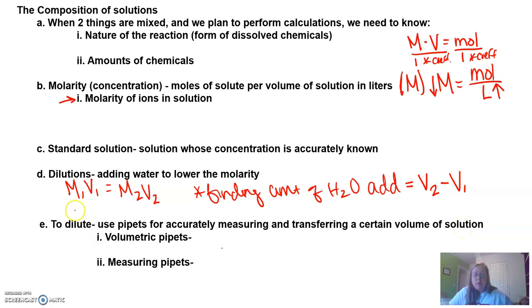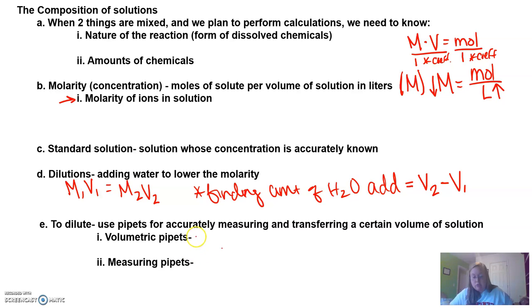Finally, when we're diluting something, you're going to use a pipette. There are 2 different types of pipettes, so it's important that you know the difference and when you would use one versus the other. First of all, there are volumetric pipettes, which I'm not sure if we've used before. I know we used the measuring ones before, but the volumetric ones are a little bit less common.